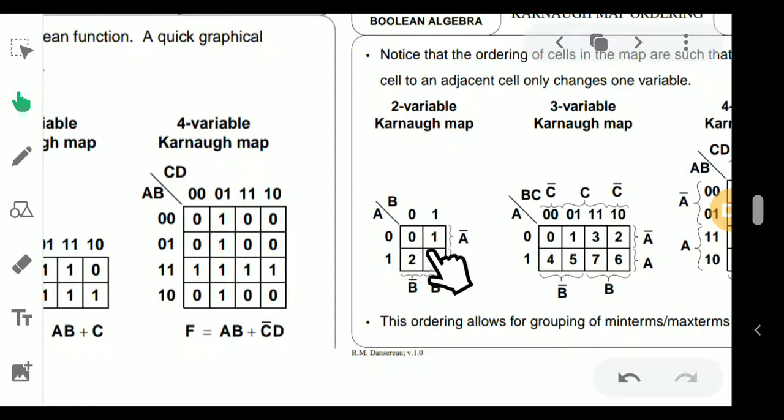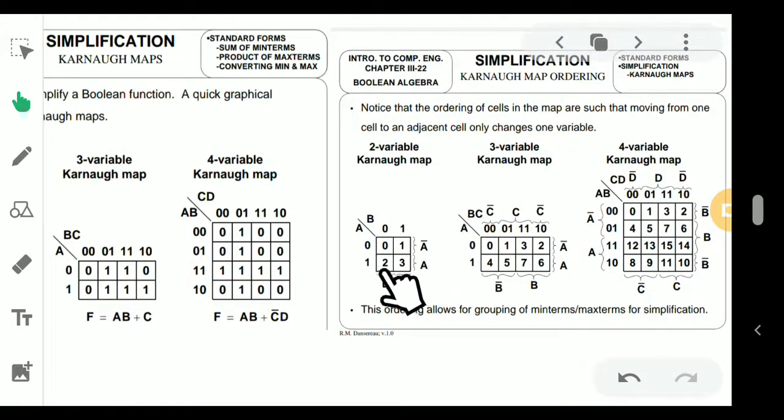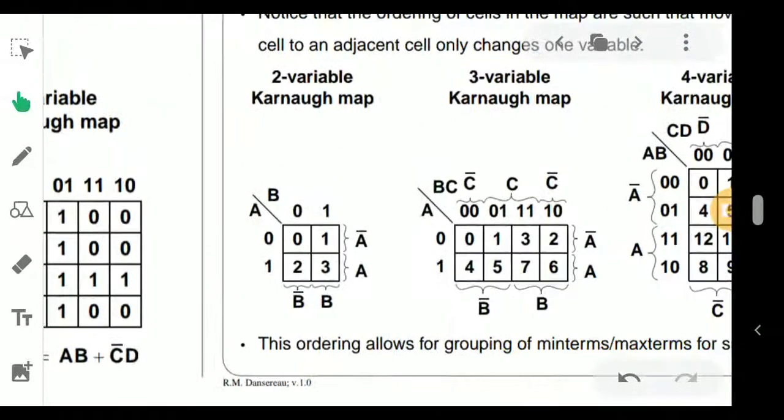And one more thing, each cell here, 0 1 2 3, is a number for the inputs you are giving. If you have two variables, 2 to the power 2 means 4 inputs, that is 0 1 2 3. In case of three variables, there will be 8 inputs. Instead of 2 we are writing 3 over here, because only one bit changes.